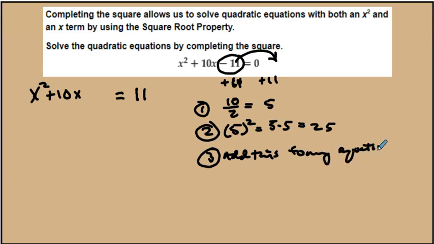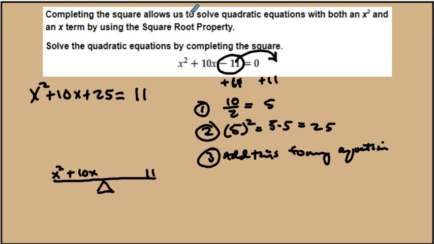Now the difference here is that I have a balanced equation: x squared plus 10x equals 11. Think about this for a second. Let's say we're on a teeter-totter, and I've got x squared plus 10x chilling over here, and 11 chilling over here.